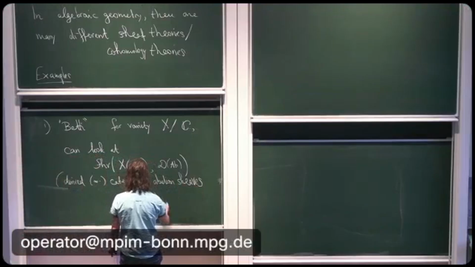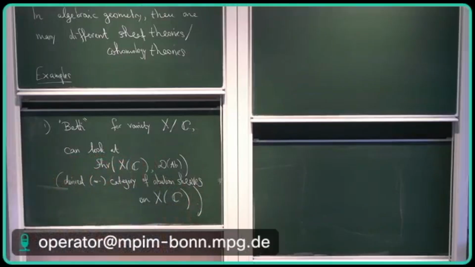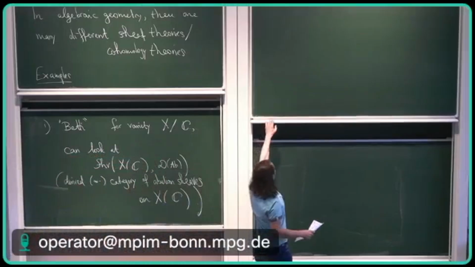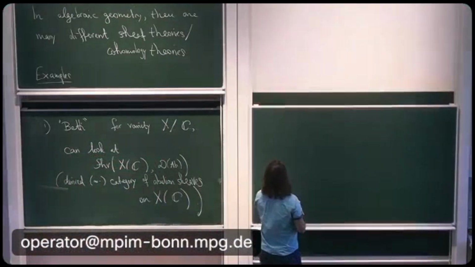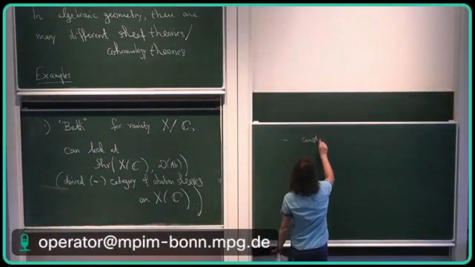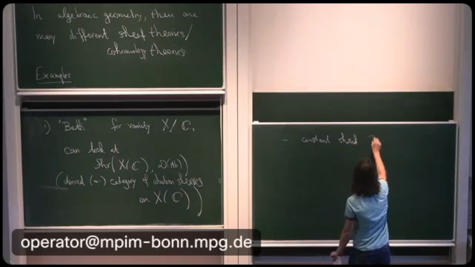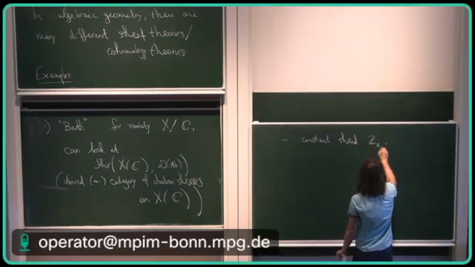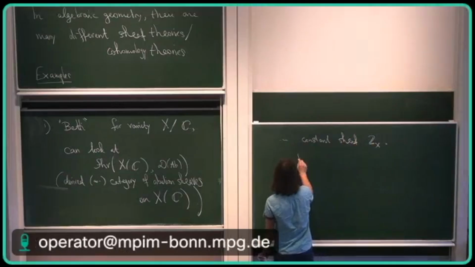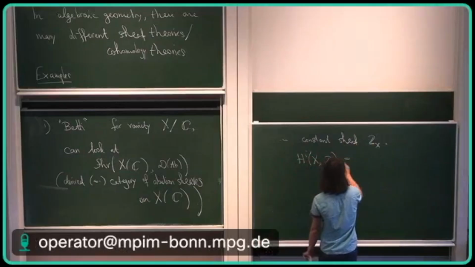I try to remember to write big. Do interrupt me if I get too small. So in particular, like in any sheaf theory, there's a constant sheaf or structure sheaf on X, and you can get cohomology groups.